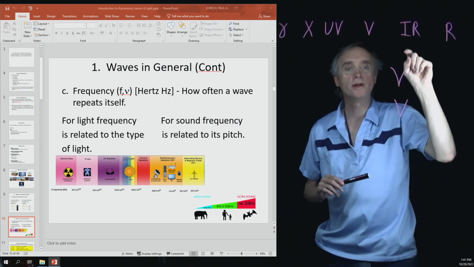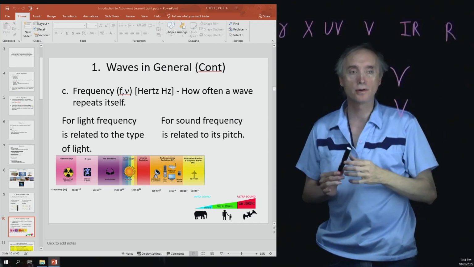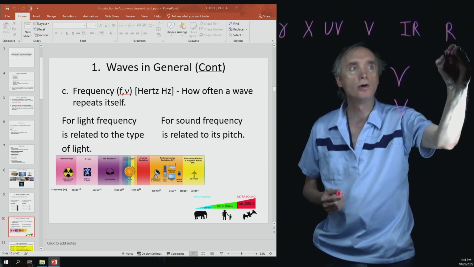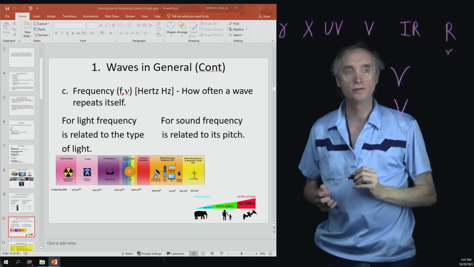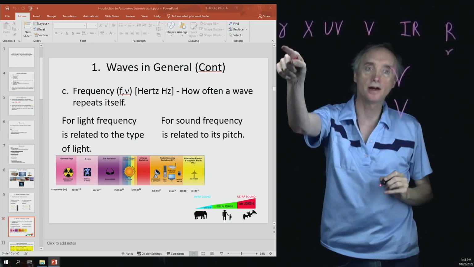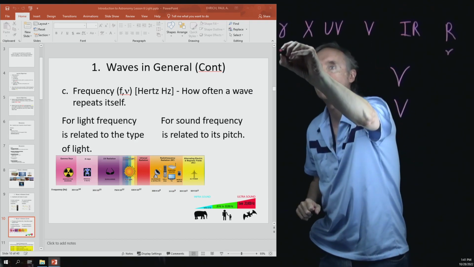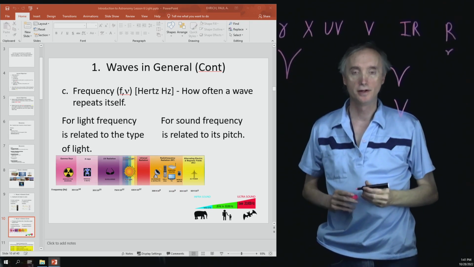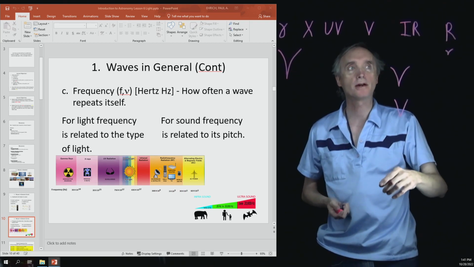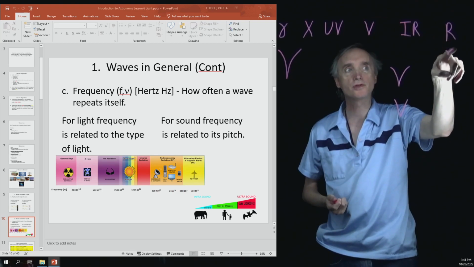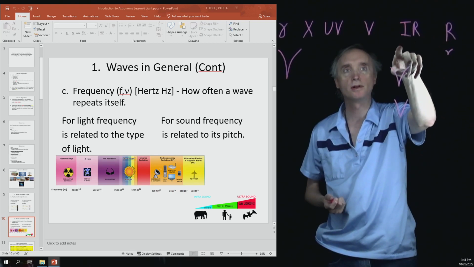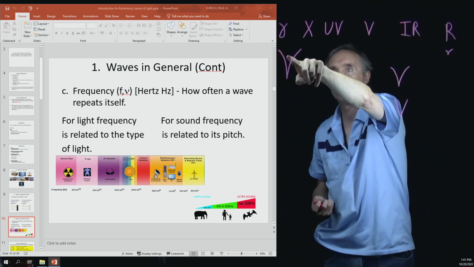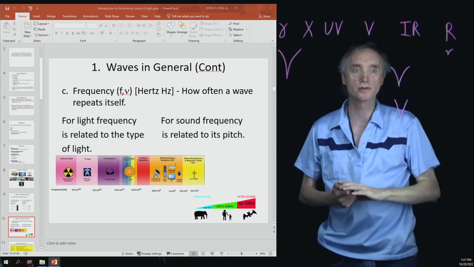And now the frequencies are arranged so that this has a small frequency over here. And on this side, with the gammas, I'm going to illustrate it by having a large frequency. So in the electromagnetic spectrum, radio waves have the smallest, and then infrared gets a little bit bigger, and this gets a little bit bigger, and then finally over here, the gammas have the largest.